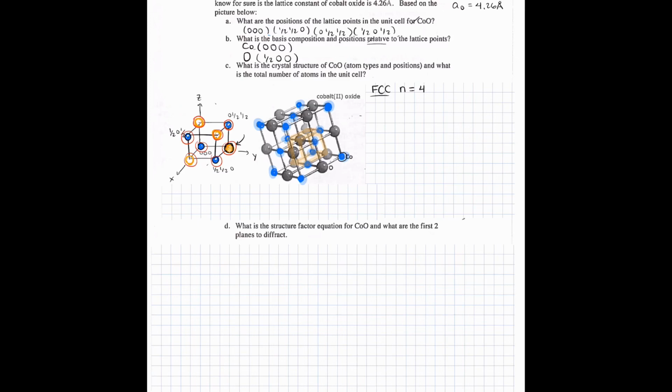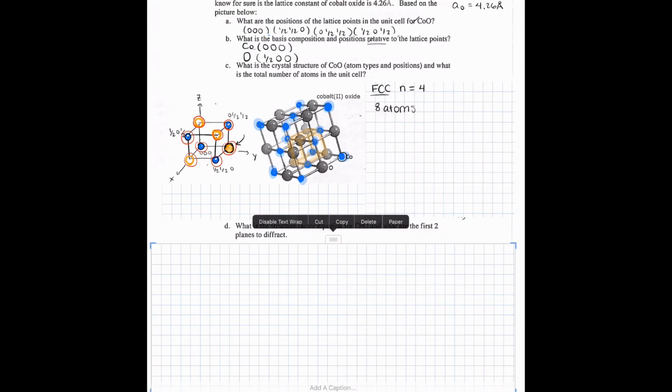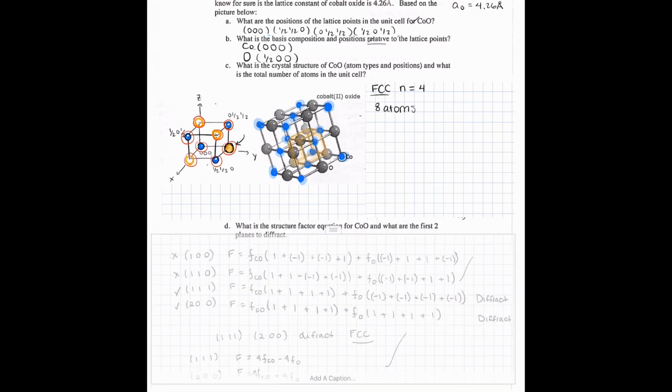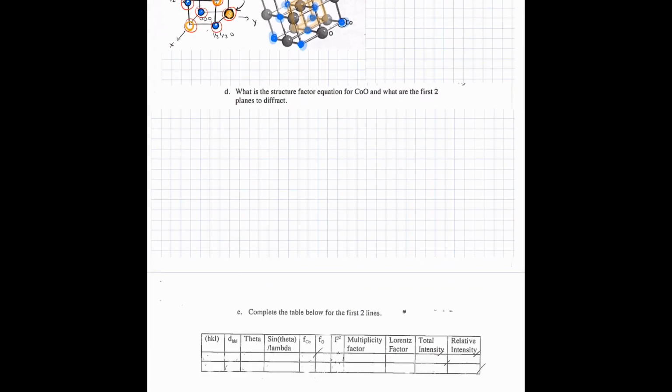Sorry, yeah, it is going to be 8. Just wanted to double check. And that you get from just counting the number of atoms.